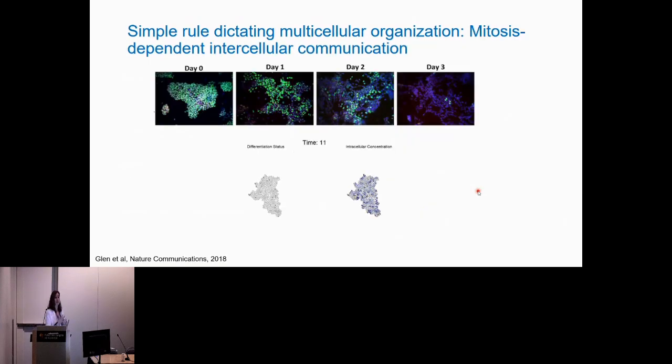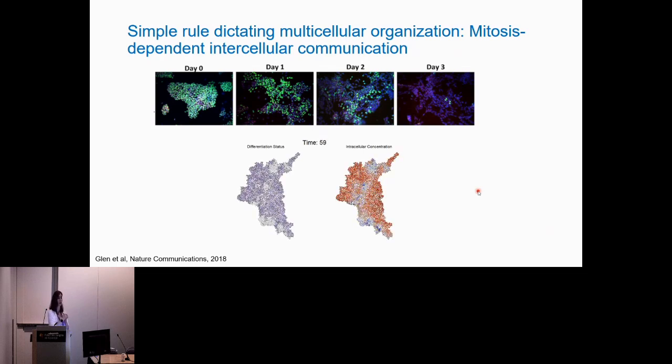So Chad used this to build a model of how differentiation could actually spread and propagate within a colony. And he was doing that by considering cyclic AMP as our canonical molecule of interest. You have an enzyme that's producing that at a certain rate. If you have that open channel, it can diffuse to its neighbors. If it's closed, it's going to build up and reach a threshold at which it can cause differentiation.